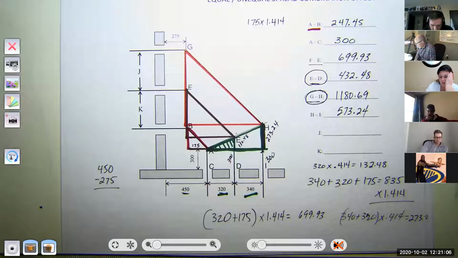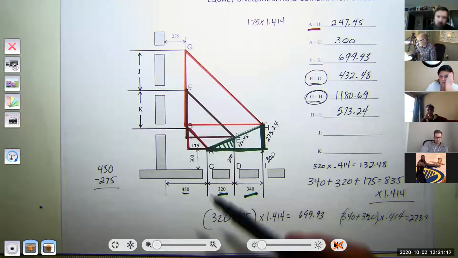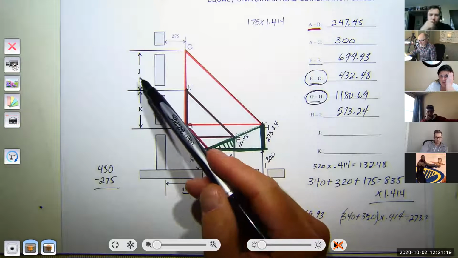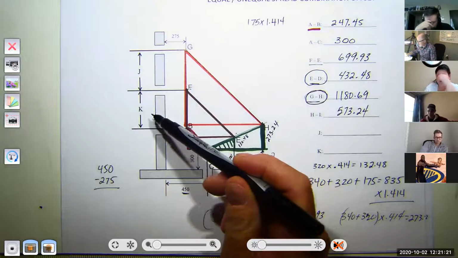And now that we're letting people catch up to that moment, we have J to solve and K to solve. And here's J up here, and then K is here.